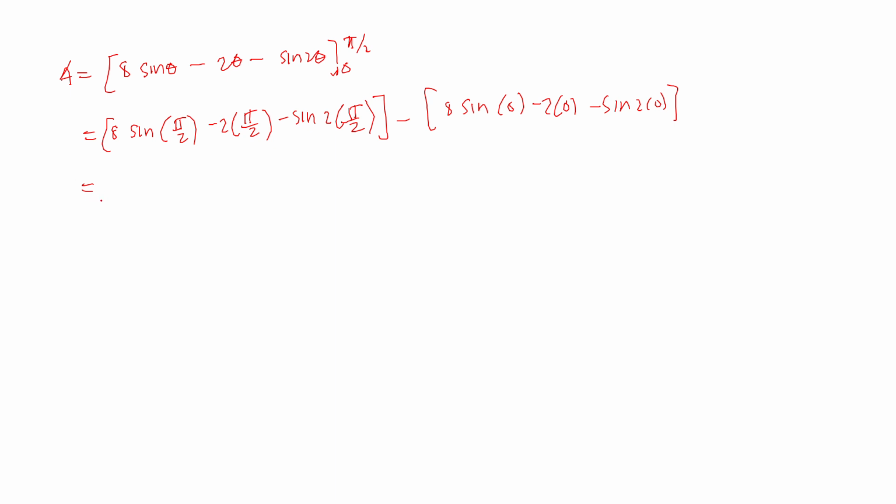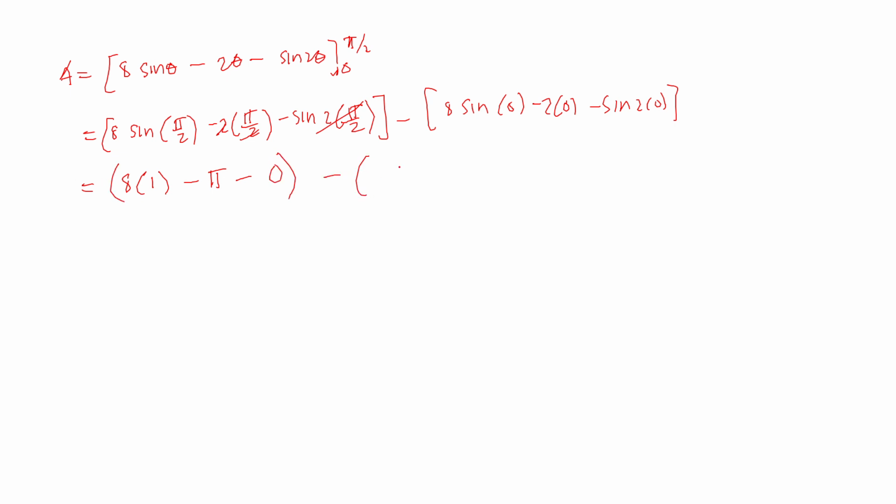The result: 8 sine pi over 2 is 8 times 1, minus pi, and sine 2 times pi over 2 is equal to 0.